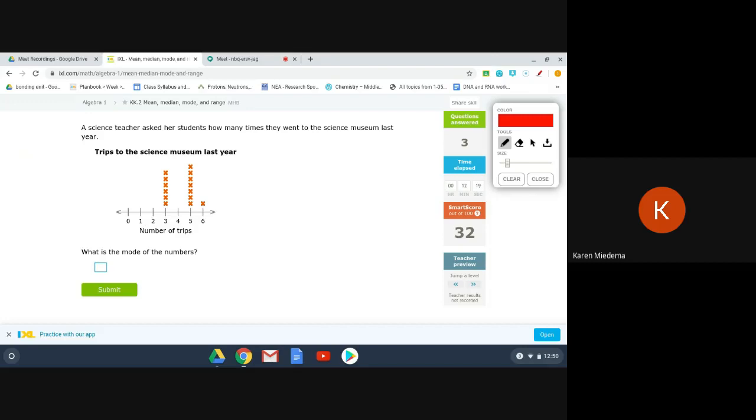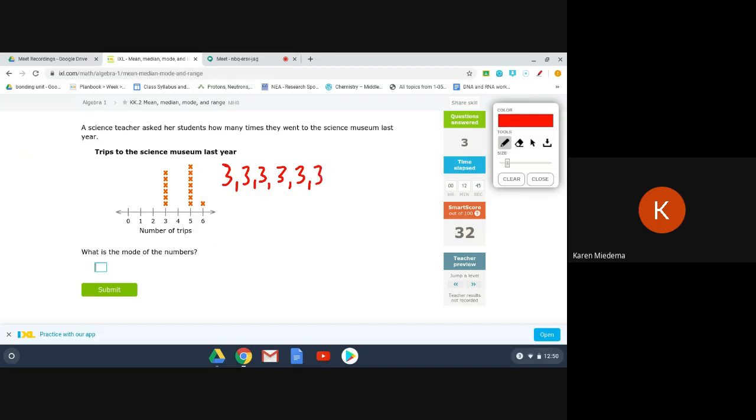So number of trips, where it has an X above the 3, that means that 3 is in this data set. If we were to actually write out all of this data, it would look like this. We have 1, 2, 3, 4, 5, 6 threes. So it would look like 3, 3, 3, 3, 3, 3.